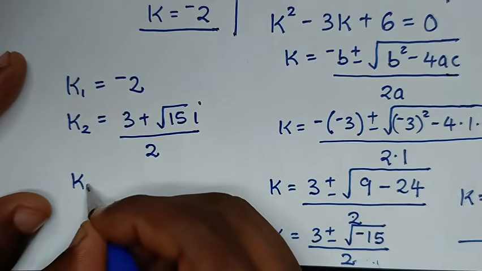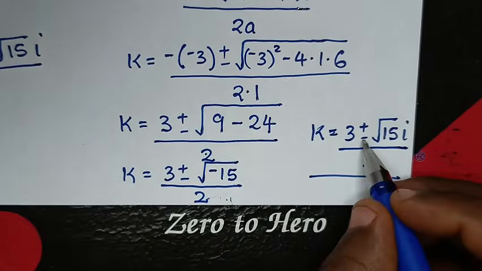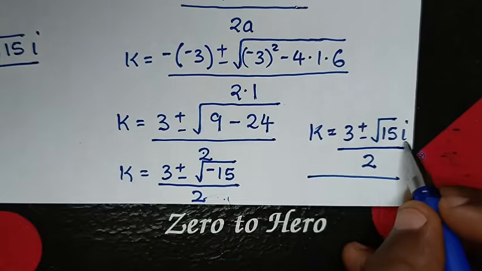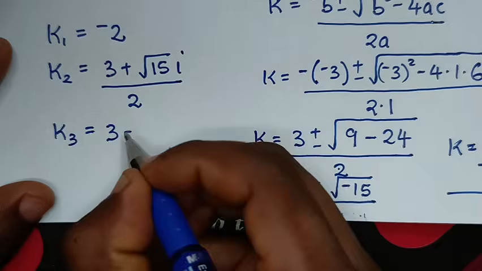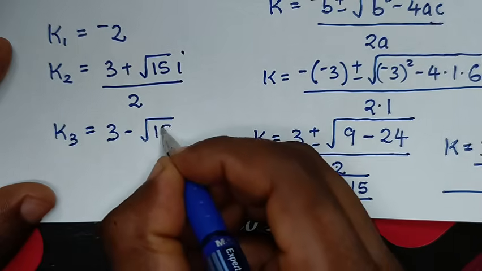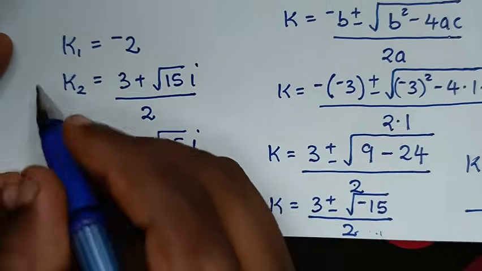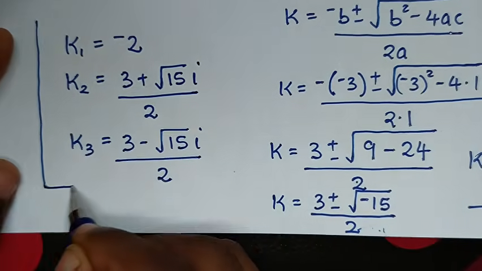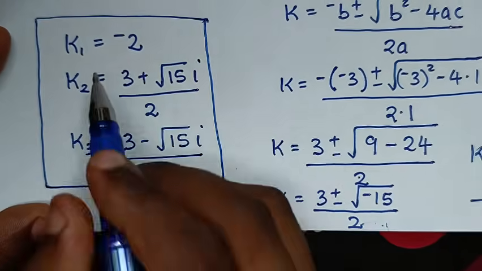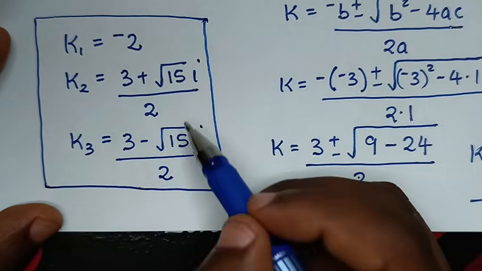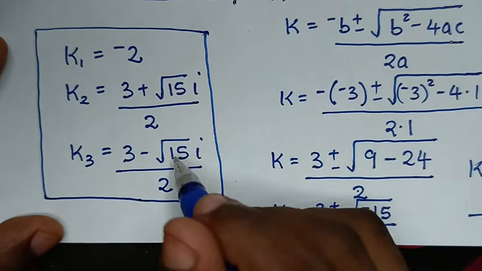The third value of k, when it is negative, will be 3 minus square root of 15i over 2. So we have 3 values of k in this problem, whereas we have one real solution and 2 complex solutions. Now let's check these solutions to see if we are correct.